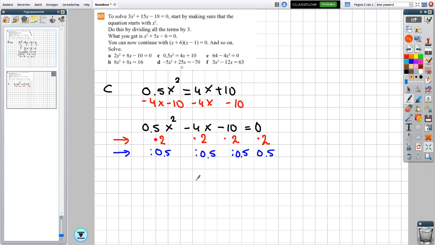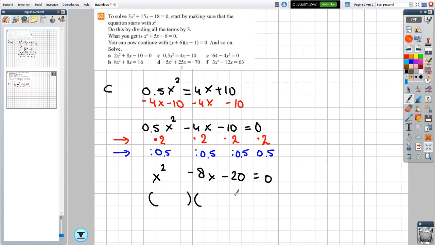They give you the same result actually, because doing something times 2 is the same as dividing by a half. So what always works is just dividing what's in x squared, but some of you will say, well, I think in this case multiplying by 2 is a bit more logical to do. Okay, so this becomes x squared, this becomes minus 8x, and this becomes minus 20. And this of course becomes 0.